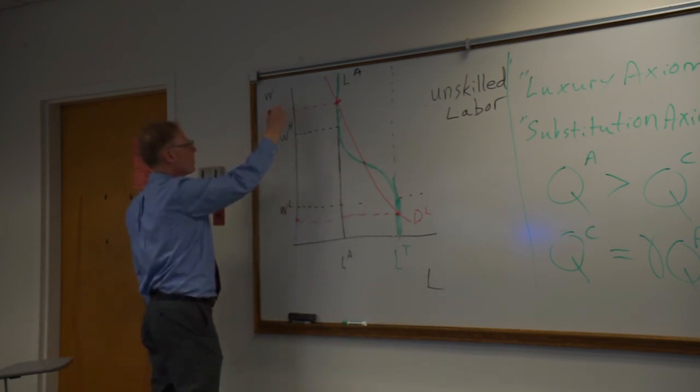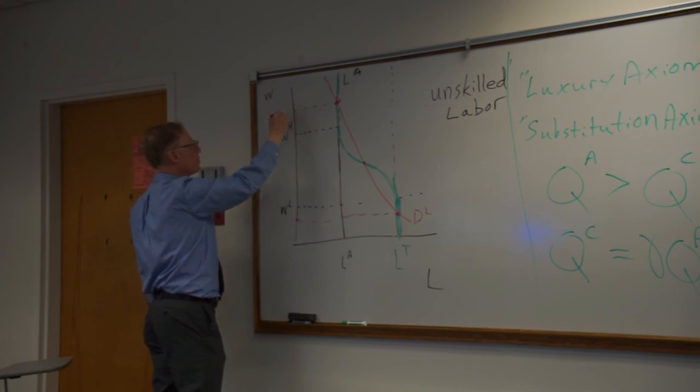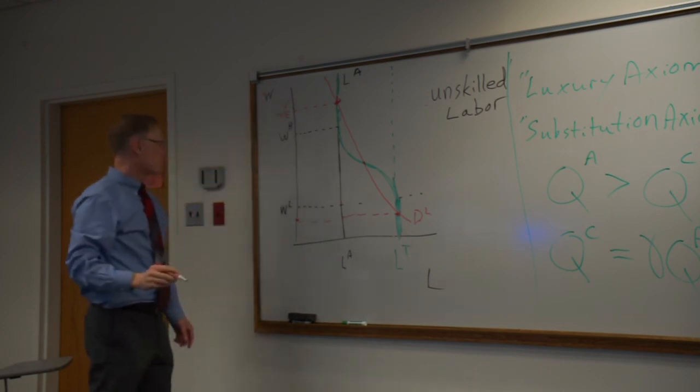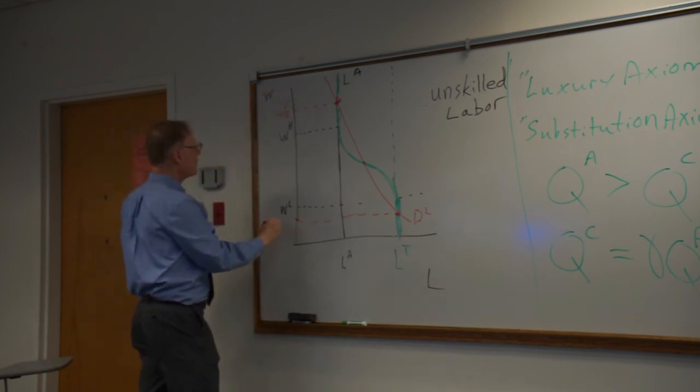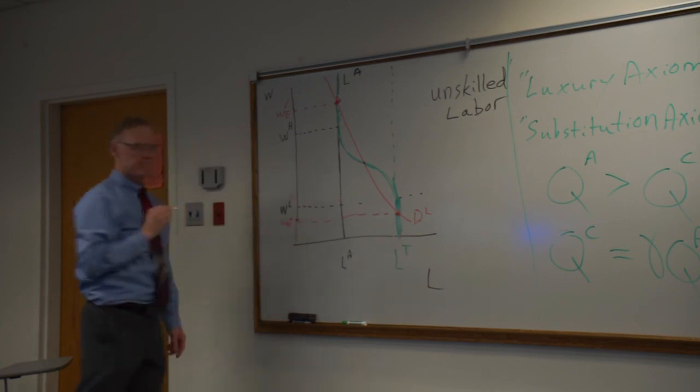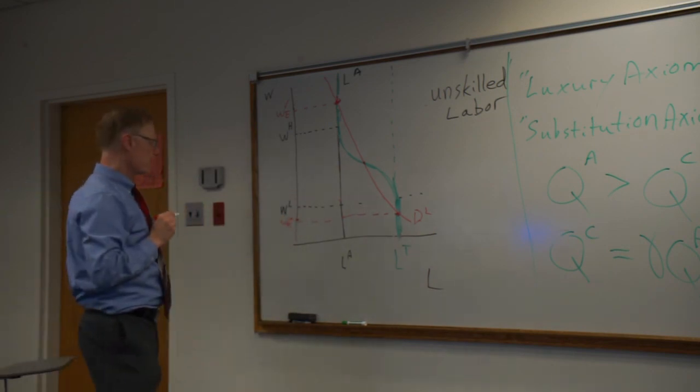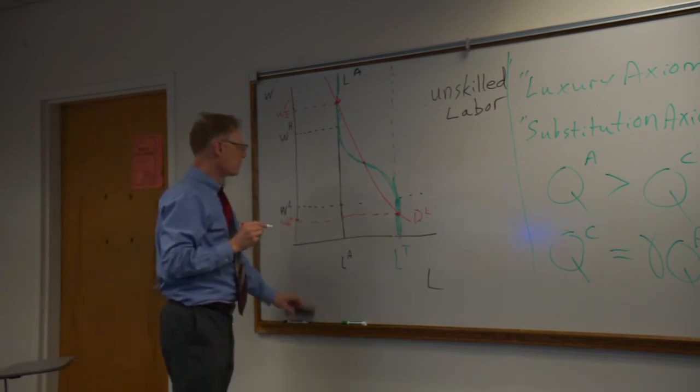So I'm going to call this E for equilibrium. I'll put a check next to it because that's good. And here we have our equilibrium, X for bad outcome, right?